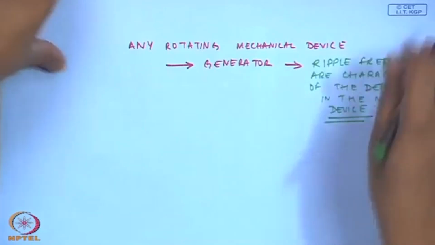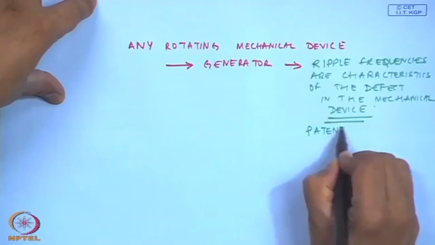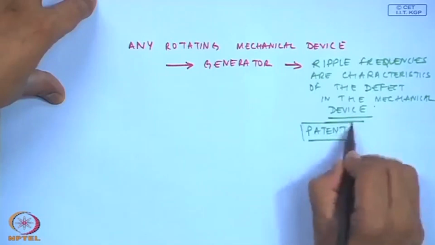So, this is one of the important observations, and in fact, our group at IIT Kharagpur has a patent on the same, for the fact that any mechanical rotating device which is powering a generator is going to generate a voltage, and this voltage will not be clean. The voltage will have ripples.